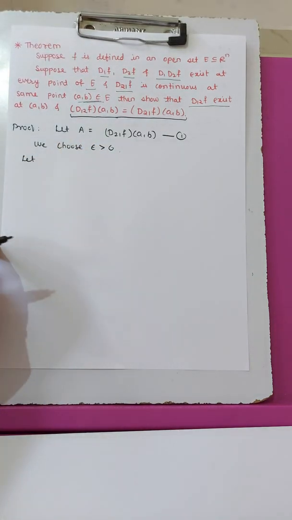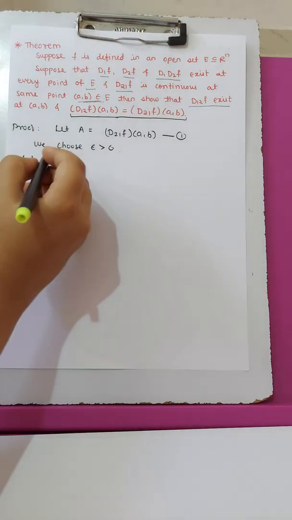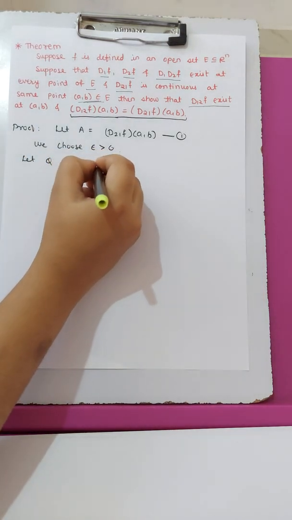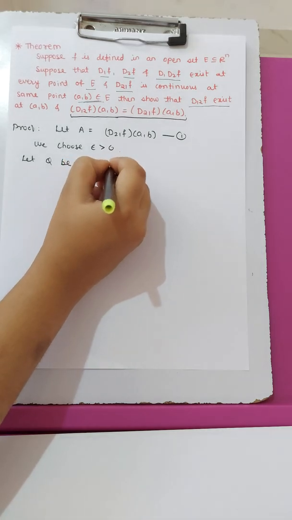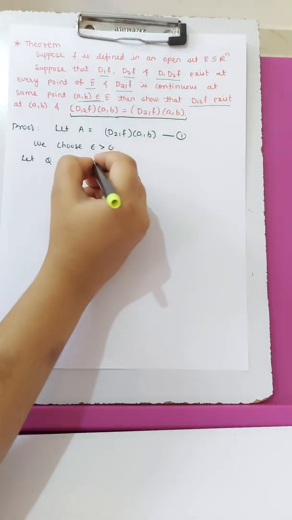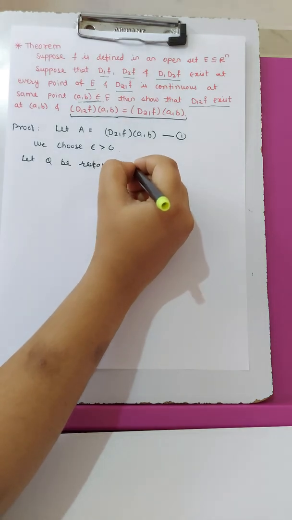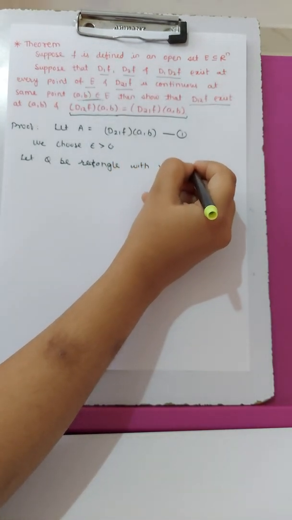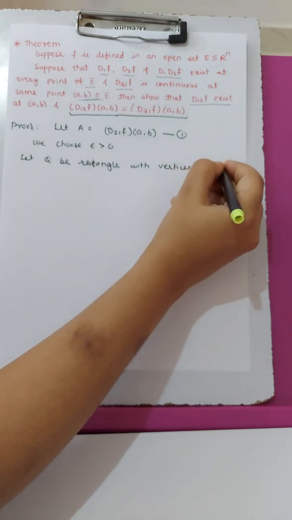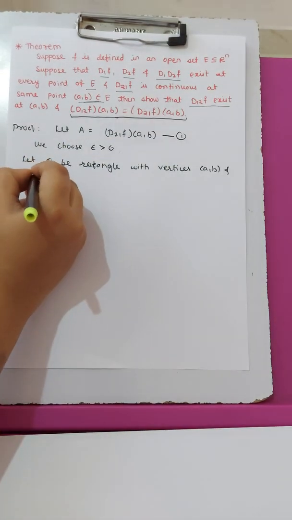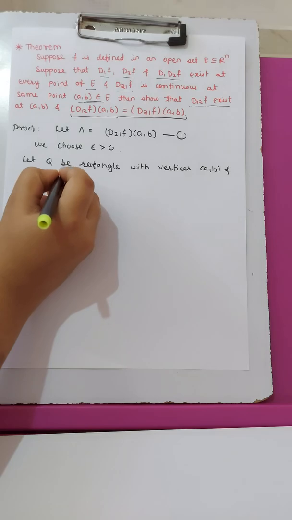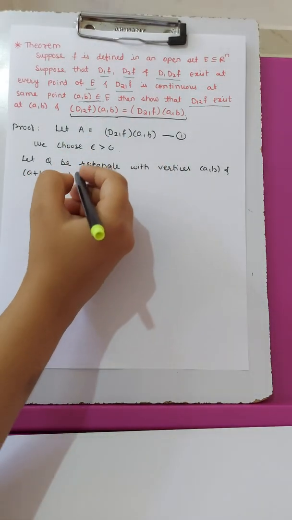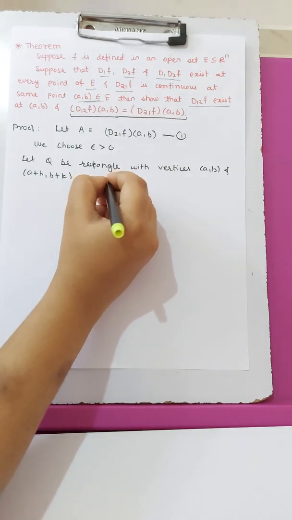As in the previous theorem, here also let Q be a rectangle with vertices (a, b) and (a plus h, b plus k) as opposite vertices.